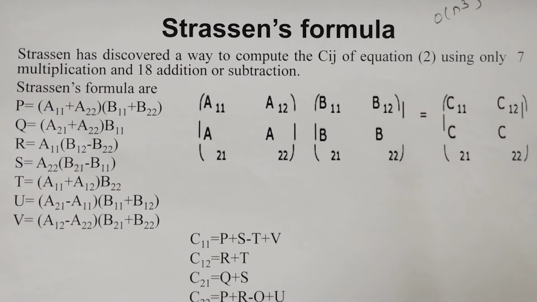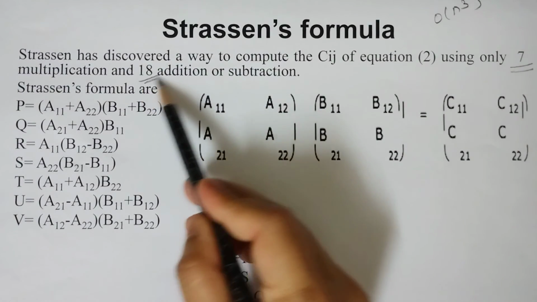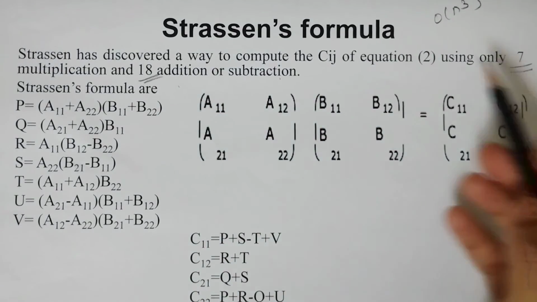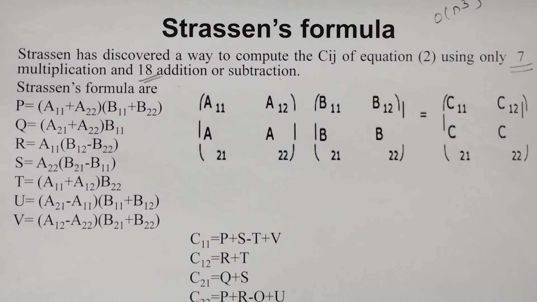Instead of performing multiplication operations and then addition operations, he has reduced the number of multiplications, and the number of additions and subtractions. Okay, and in these formulas you are going to use only 7 multiplications and 18 additions along with subtractions. You are going to do only these operations, which reduces the time complexity here.